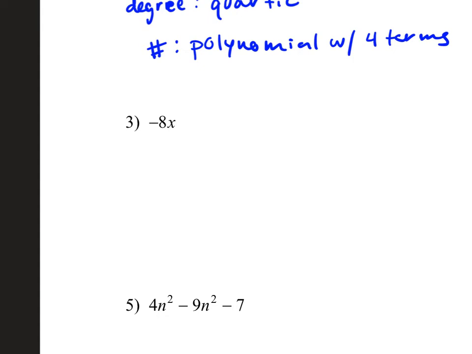All right, number 3. Again, only 1 term, so it's already in standard form. How would we classify this by degree? Constant. Not a constant because we have that x there.